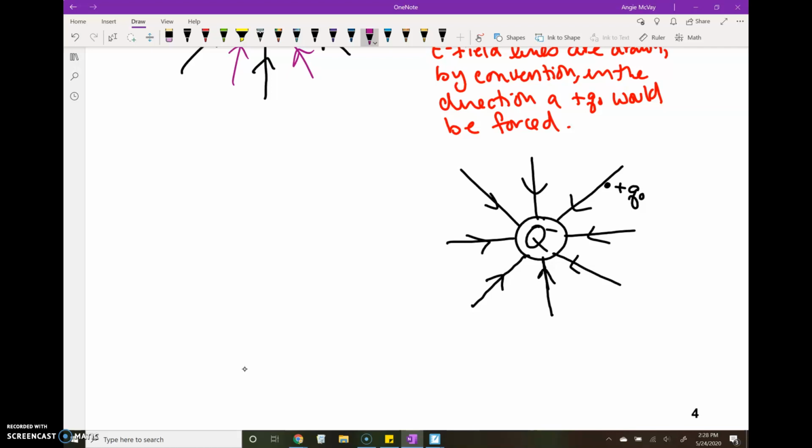It would be forced inward. It would be attracted. Okay? And so that's what you have to imagine when you're asked in a problem to give not only the magnitude of the electric field strength in a region, but its direction. What direction would a positive test charge be forced in that region?